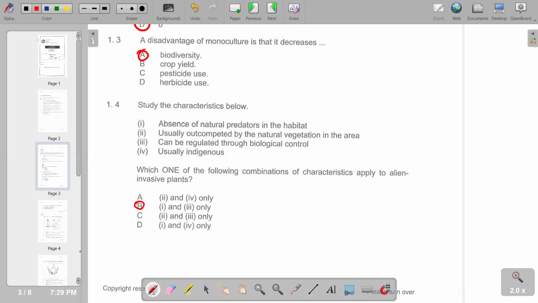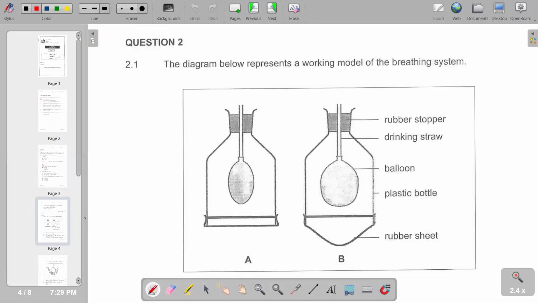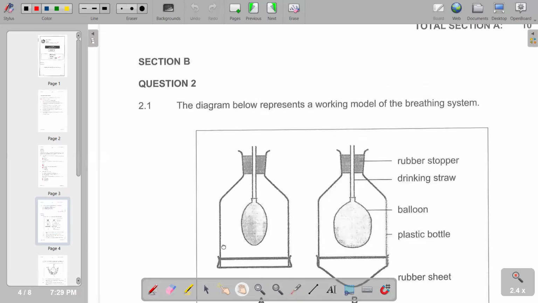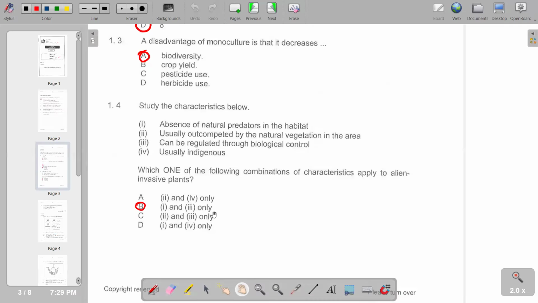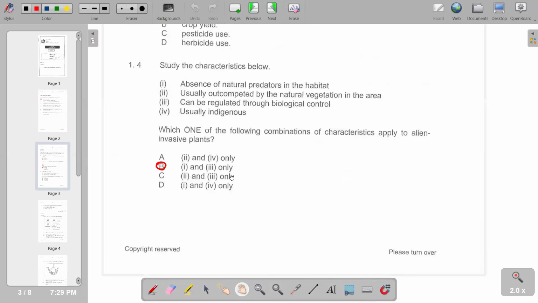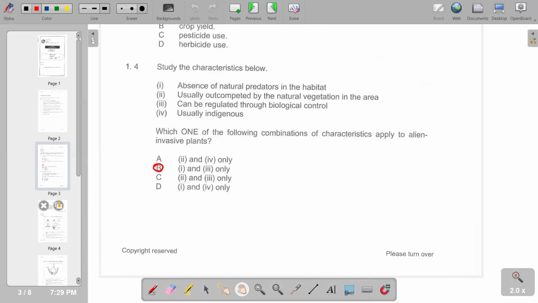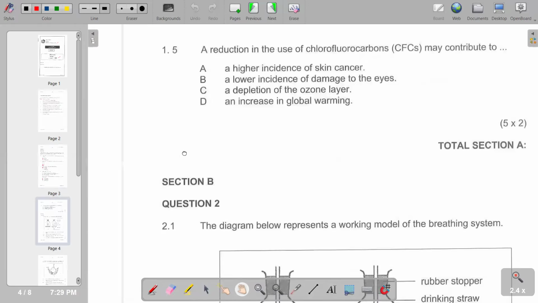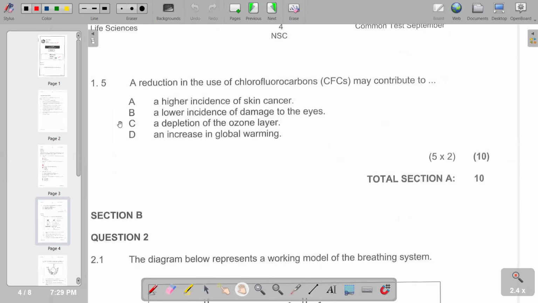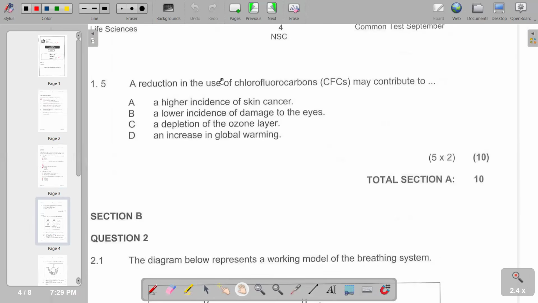And moving on to number 5. Number 5 is the diagram below. We can check where we have our number 5. So this is our number 4, and then we have our number 5 on this part, whereby it reads, a reduction in the use of chlorofluorocarbons, CFCs, may contribute to: A, a higher incidence of skin cancer.